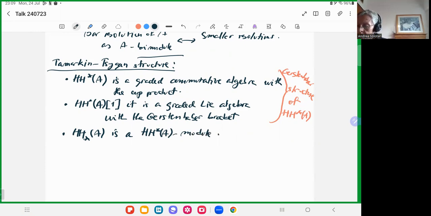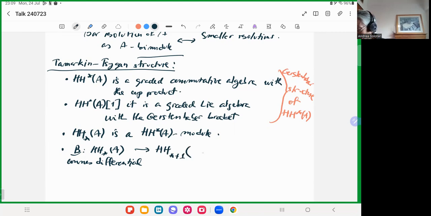Okay. Moreover, we have a map called capital B, and its name is the Connes differential, which goes from the Hochschild homology in some degree to the same Hochschild homology in degree plus 1.